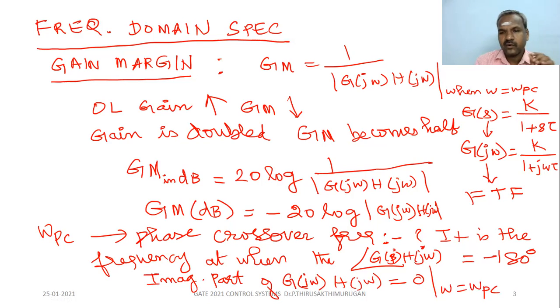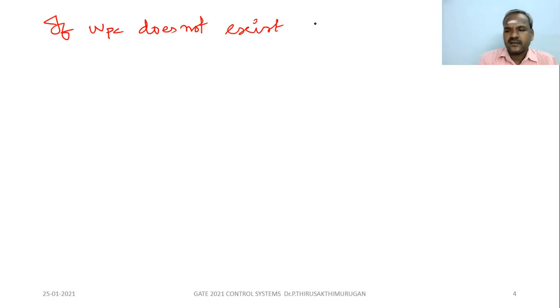So when ω equals ω_pc, the imaginary part becomes 0. If ω_pc does not exist, then the gain margin becomes infinity.